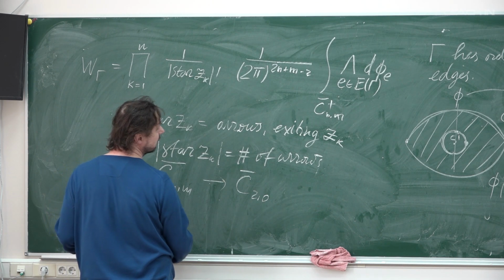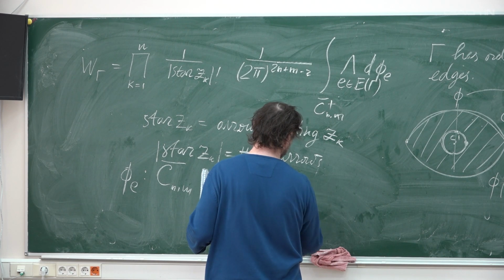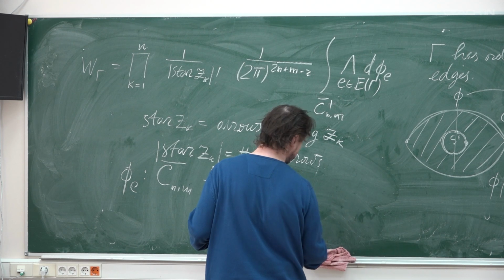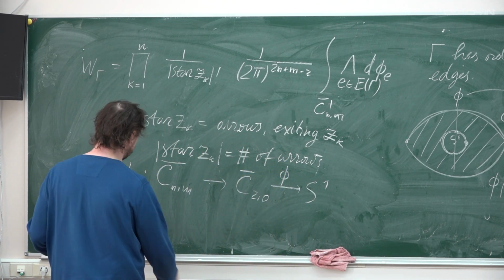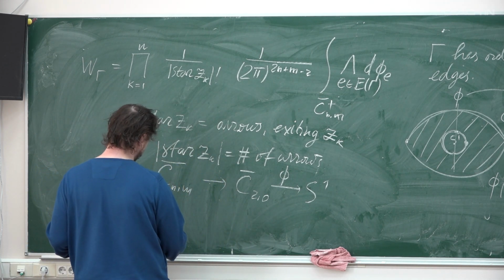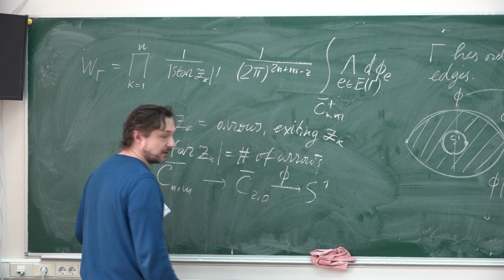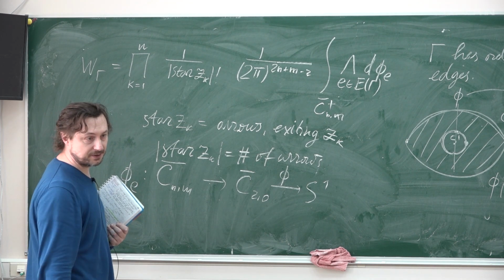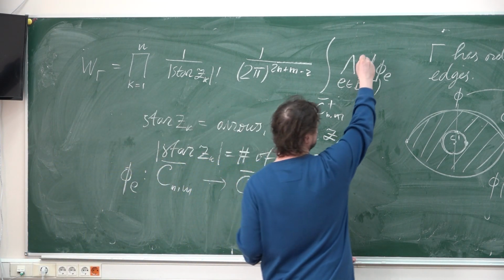You can now compose this map with the map phi, which I described here, to S1. And this will give you a function on C n m with values in complex numbers. You can now take the differential, the de Rham differential, of this function, and it will give you this one form.